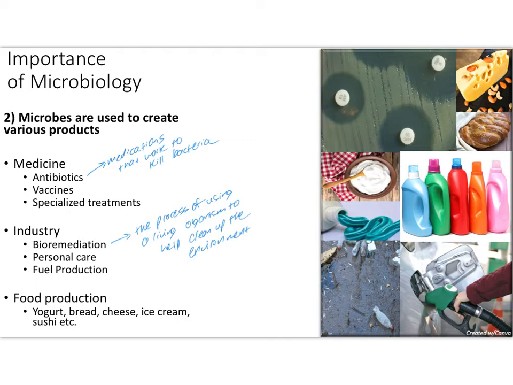So for example, with an oil spill, we can release microbes into that area, whether it's the soil or water where the oil has been spilled. And those microbes will basically use that oil the same way we use food. So when we take in food, we break down that food and we use it to create energy and to live.